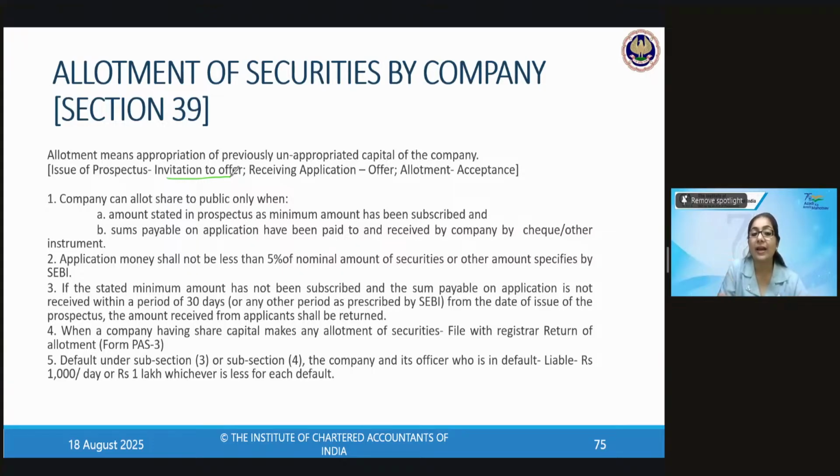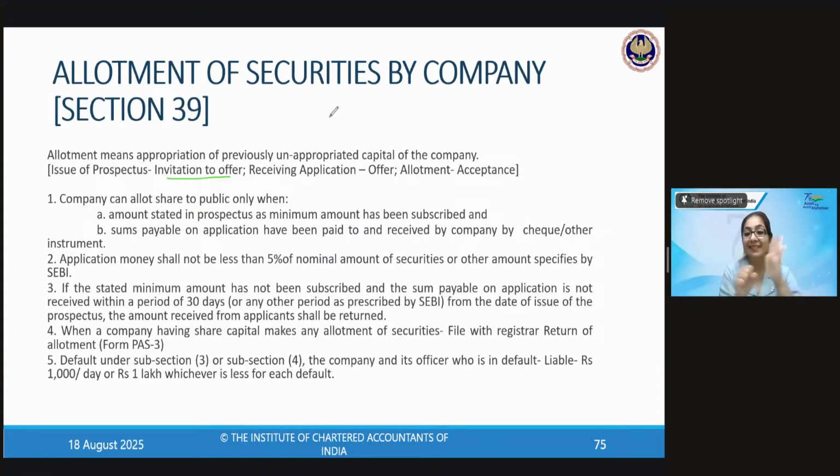Mr. X and Y sent me the application that, yes, ma'am, we want to apply in your company. When we receive these applications, that is known as the offer. The company gives the allotment of securities, that is the acceptance. So I sent you the invitation to offer, you gave me an offer, and I, the company, gave you an acceptance.